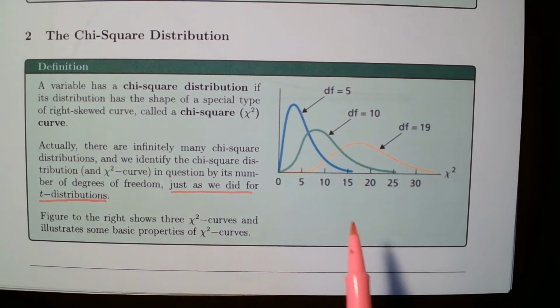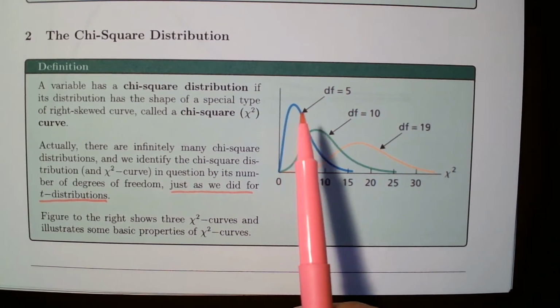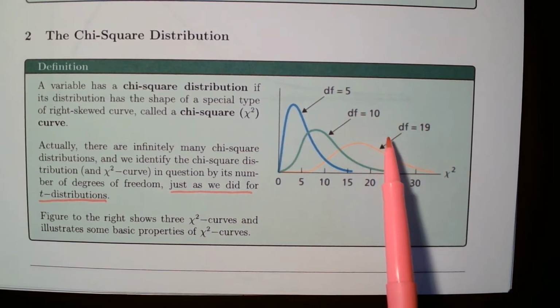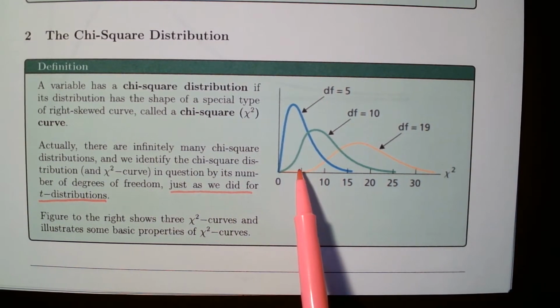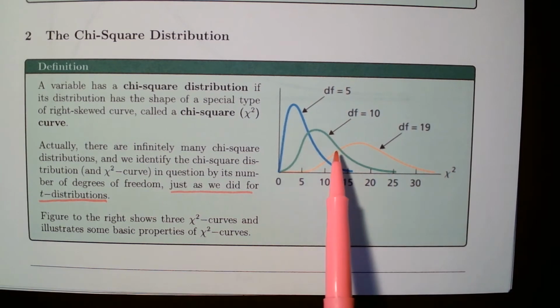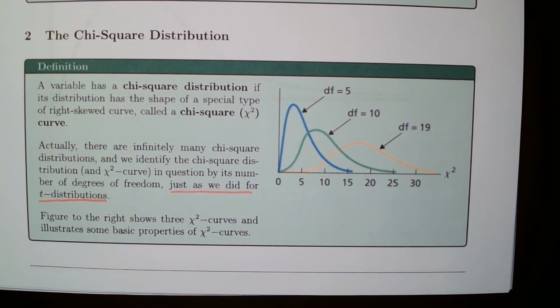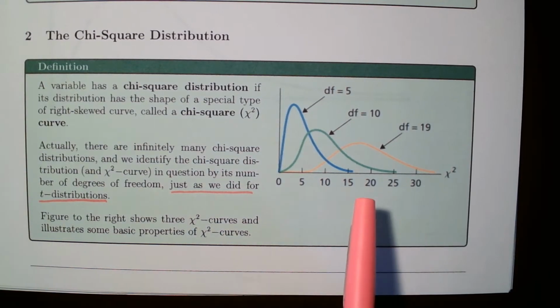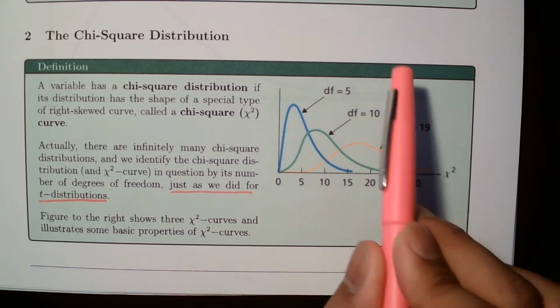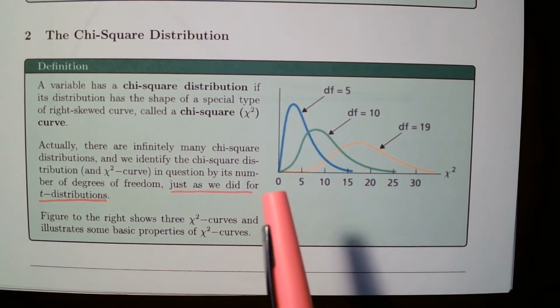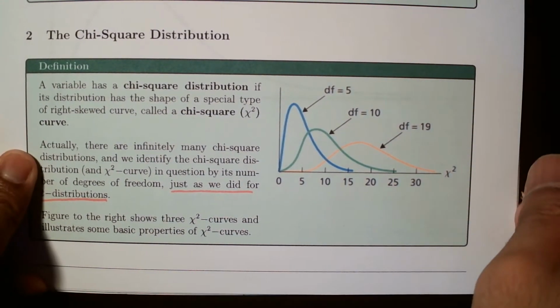This is what happens with the chi-square distribution as the degrees of freedom increase: it looks more like a normal distribution or the t-distribution. But that doesn't mean that we can use the normal distribution for this purpose. We still use the chi-square distribution. It's just the shape that it takes as the sample size, and consequently the degrees of freedom, increase.